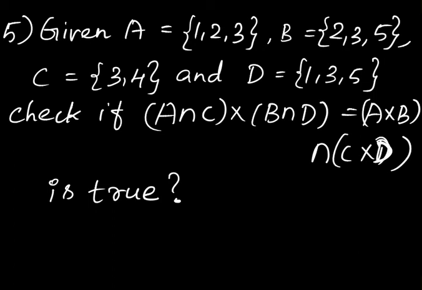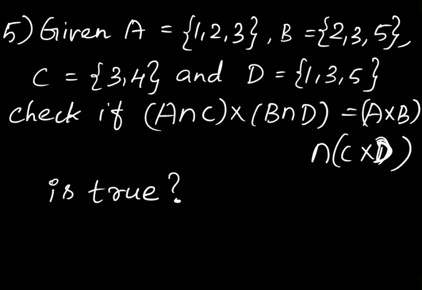Fifth question: given A is equal to the set {1, 2, 3}, B is equal to the set {2, 3, 5}, C is equal to the set {3, 4} and D is equal to the set {1, 3, 5}. Check if (A intersection C) cross (B intersection D) is equal to (A cross B) intersection (C cross D).